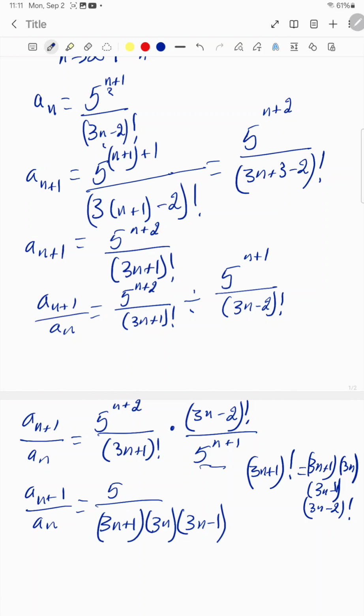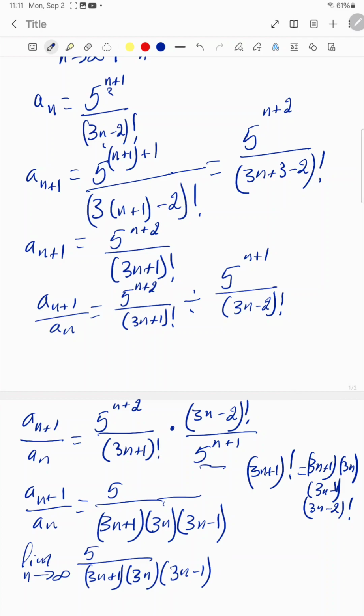This is how I get in my denominator (3n plus 1) multiplied by 3n multiplied by (3n minus 1). So now I will study the limit when n goes to infinity of 5 divided by (3n plus 1) multiplied by 3n multiplied by (3n minus 1).